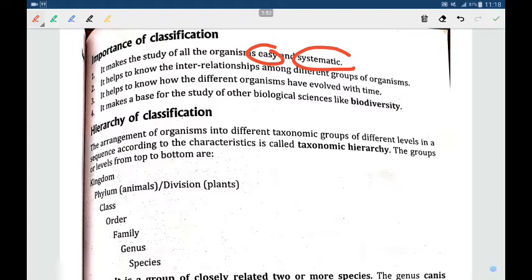We can study them. Second, it helps to know the interrelationship among groups of organisms: what are the similar characteristics, what are the different characteristics. That is also understood easily in classification. Third, it helps with evolution. Do you believe that all organisms came at once?